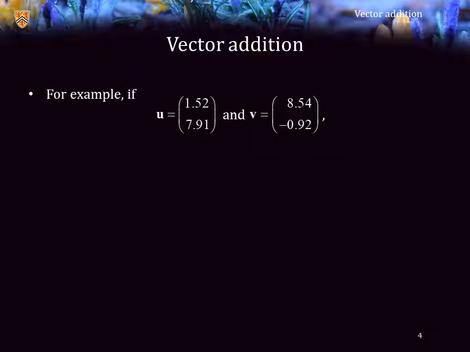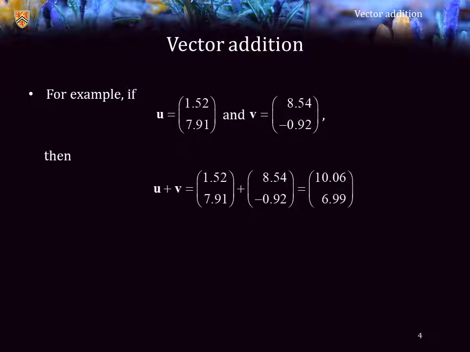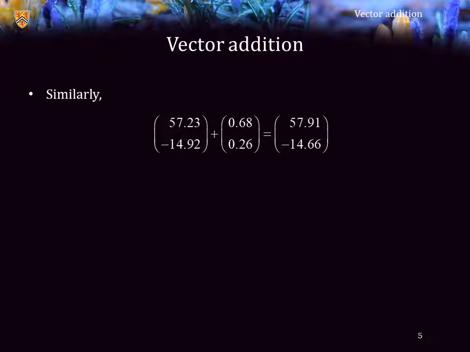So for example, if u is equal to the vector on the left and v is equal to the vector on the right, then the sum of the two vectors is just the sum of the first two entries and the sum of the second two entries, giving the vector 10.06 and 6.99. Similarly, here we see that 57.91 is indeed 57.23 plus 0.68, and negative 14.66 is negative 14.92 plus 0.26.